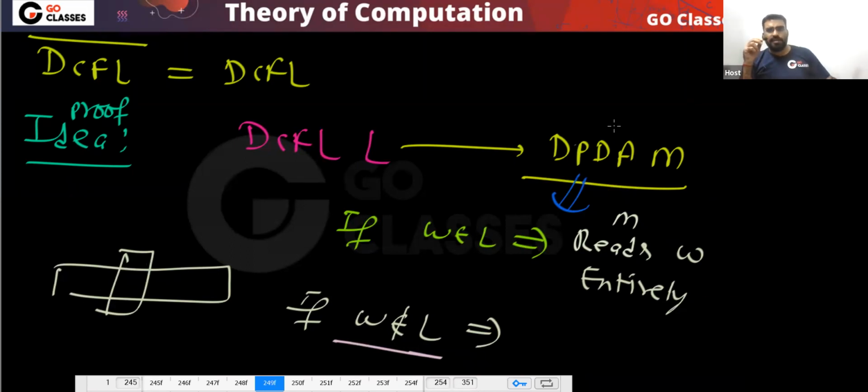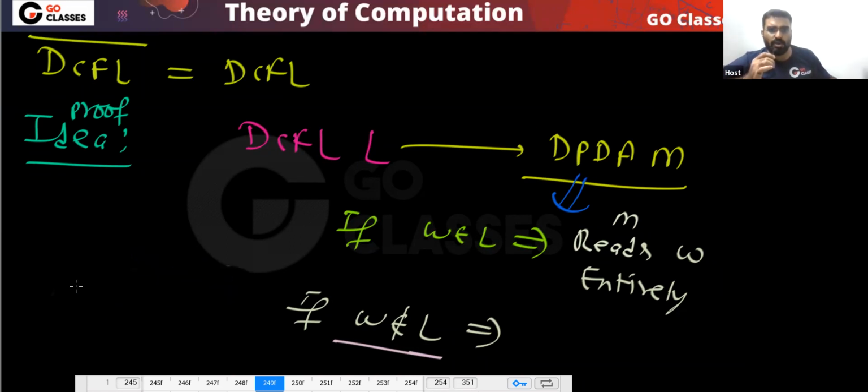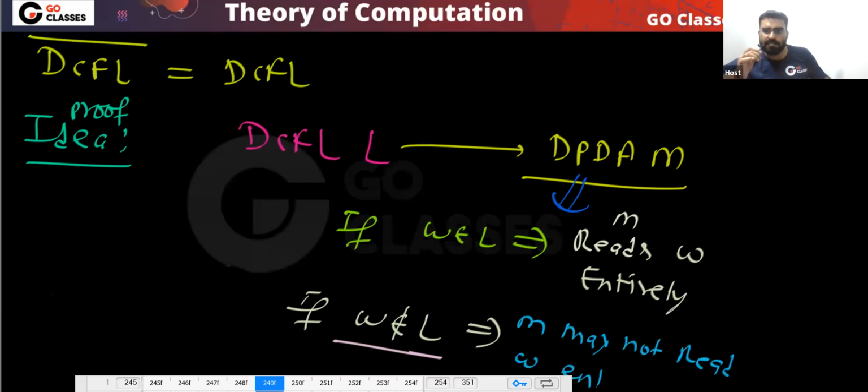For example, let's assume there is no transition, then this DPDA can reject without reading the entire string. So if W does not belong to L, then M may not read W entirely. Do you agree?